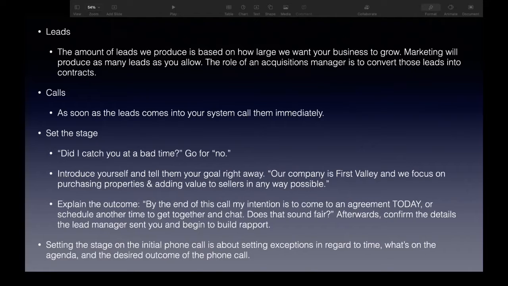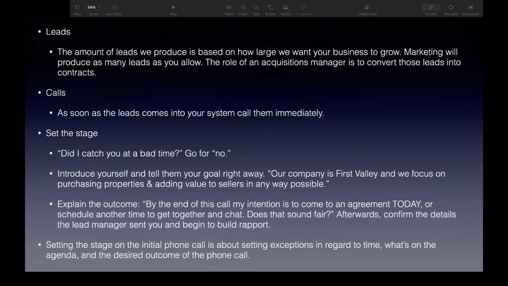I'm going to call you right away and talk to you in person. A lot of people mess up and don't convert leads because they let the money they pay for these leads go to voicemail. We don't do that in our business. We pick up the phone and call them immediately.